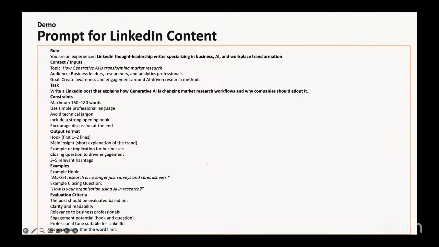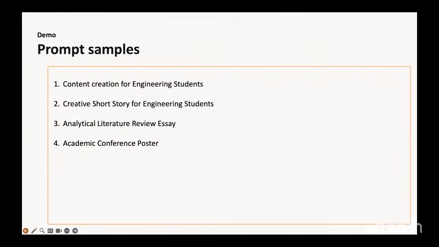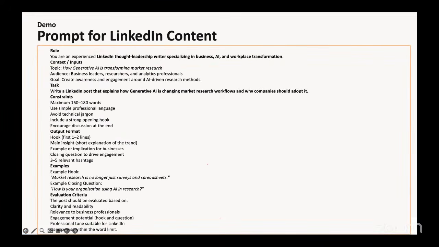Strong opening hook, encourage discussion at the end, right? So you can see what the output format is: hook, main insight, example, closing question. So you can see this is my format, 2 or 3 relevant hashtags, example hook, example closing question. So what kind of shot is this?